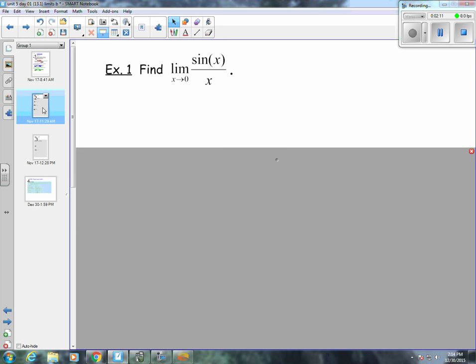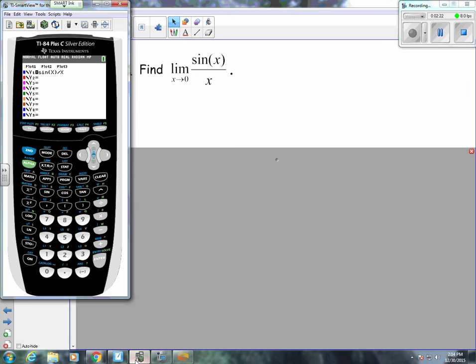So let's look at some examples. One of the most famous limits is the limit as x approaches 0 of sine of x over x. Let's look at the calculator very quickly and use that to find what this limit seems to be. So I'm going to graph y equals sine of x over x.